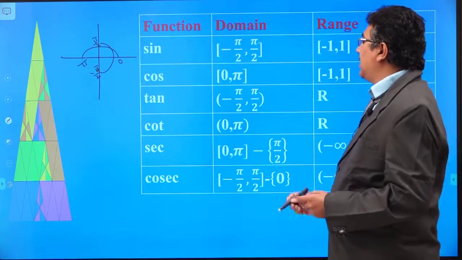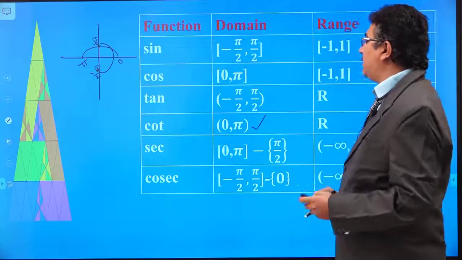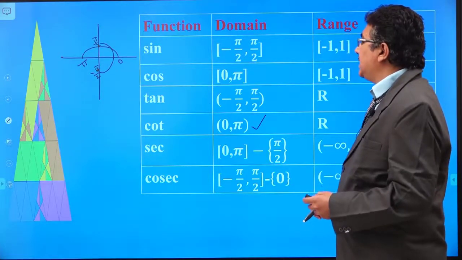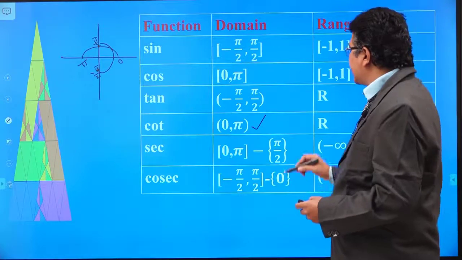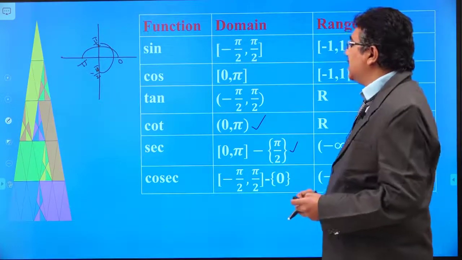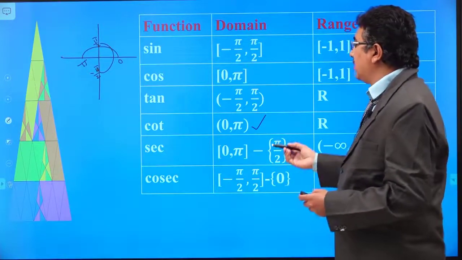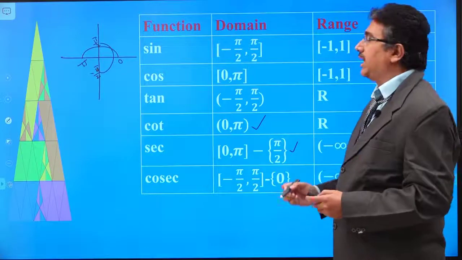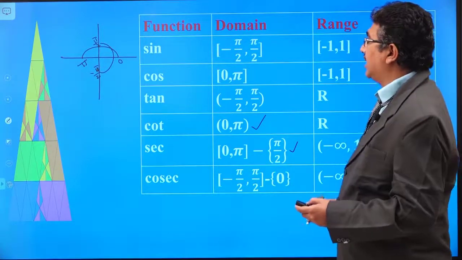Therefore, the domain of cot is the open interval 0 comma pi. Secant is also not defined at x equal to pi by 2. So, pi by 2 is deleted from the closed interval 0 comma pi. Okay. So, the ranges are the same.